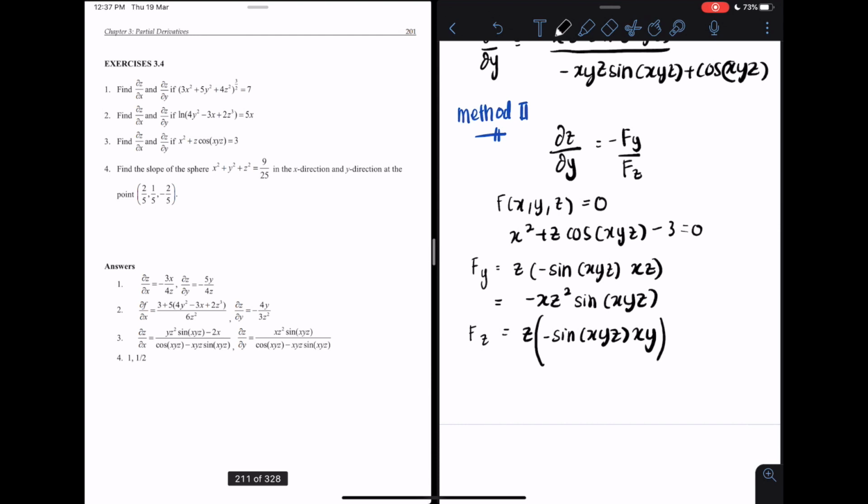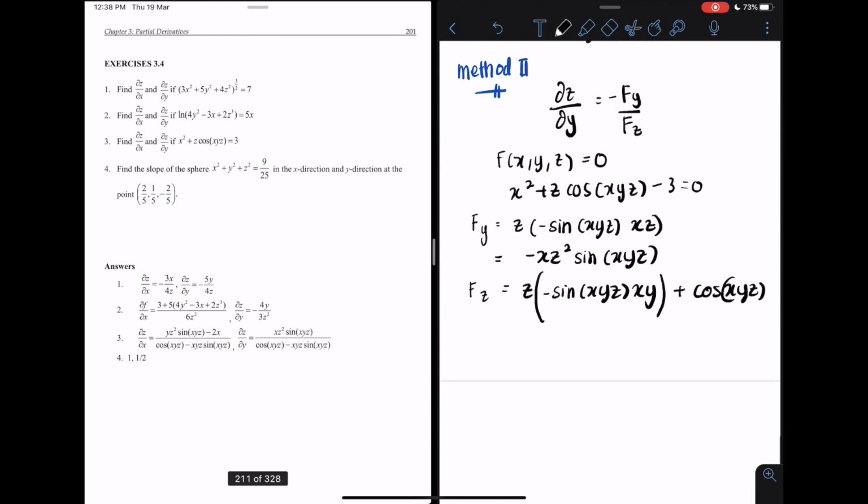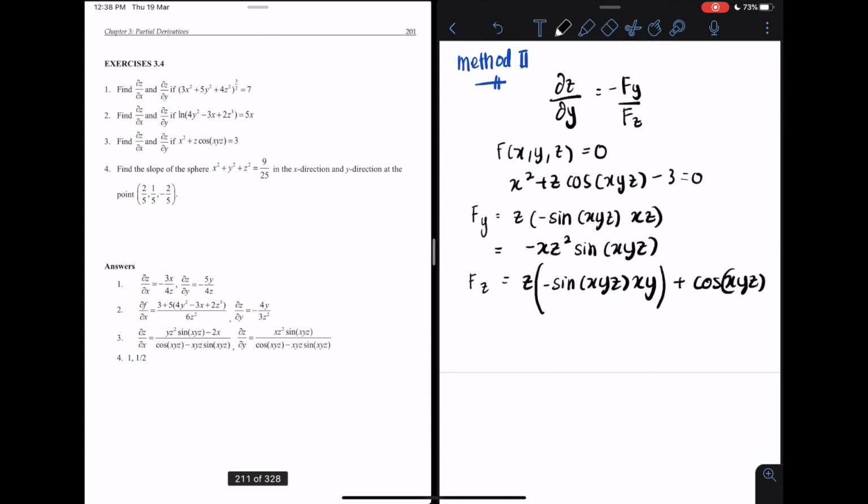Then I get cosine xyz. If I try to simplify the answer, I will get negative xyz sine xyz plus cosine xyz.